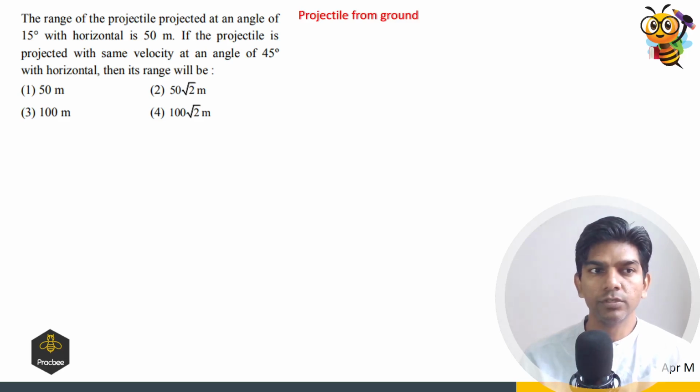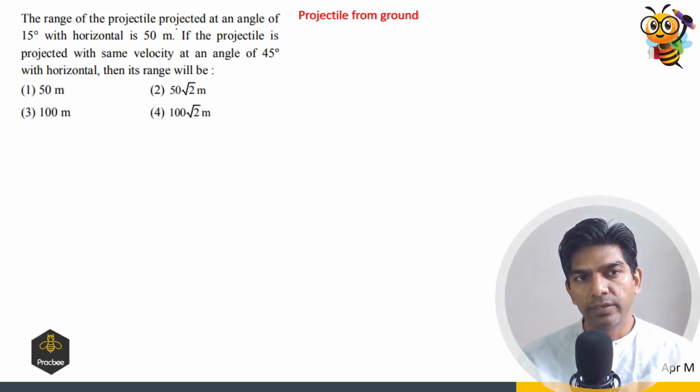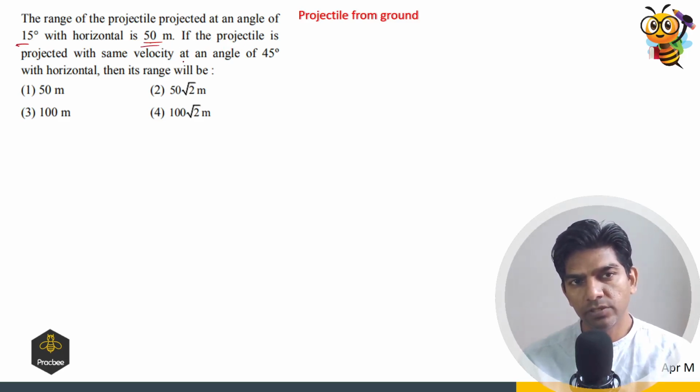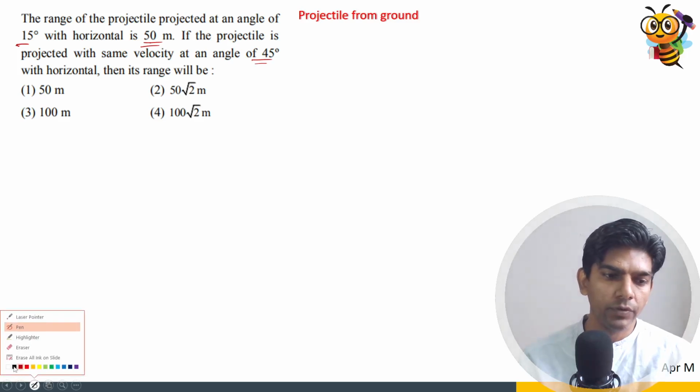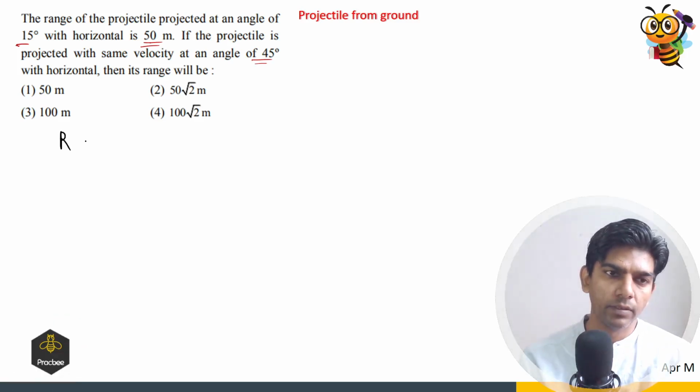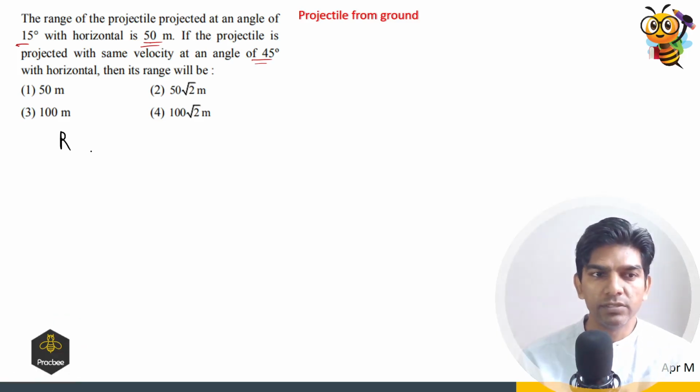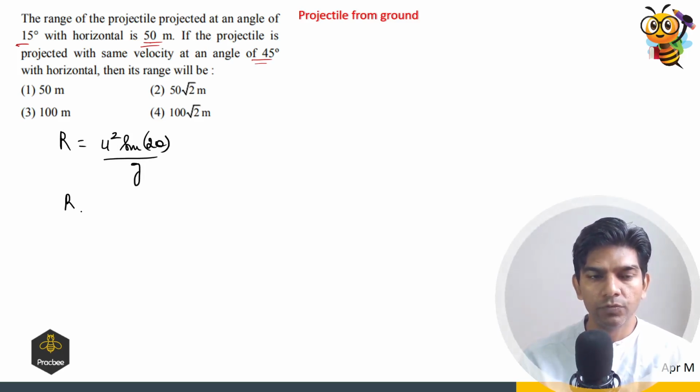Now let us see this question. The range of the projectile projected at an angle of 15 degrees with the horizontal is 50. If the projectile is projected with the same velocity at an angle of 45 degrees with the horizontal, the range will be. Now we know that range, same velocity is given. So range formula is u square sine 2 theta by g. So for a given speed, range is proportional to sine 2 theta.